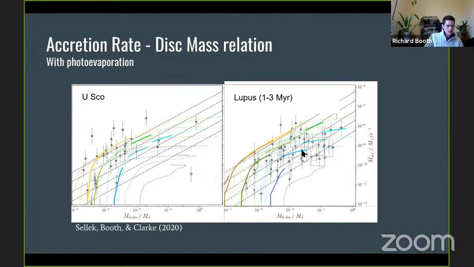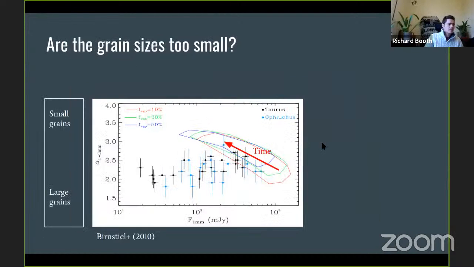So there's definitely work to be done to understand why these most massive disks, which are maybe the most interesting ones for forming giant planets, sit apart from where the models are. That's telling us something about the dust evolution, and we can get a better picture of what's going on. Okay, so that's just me highlighting that.